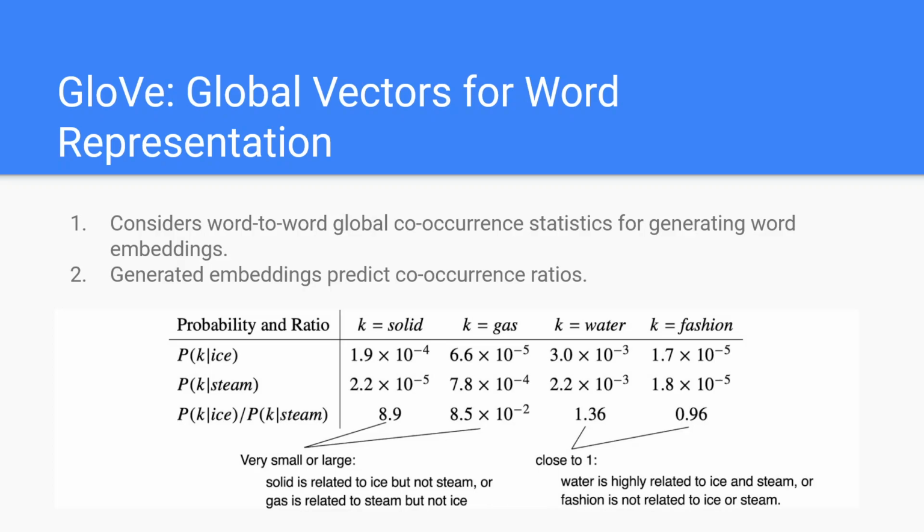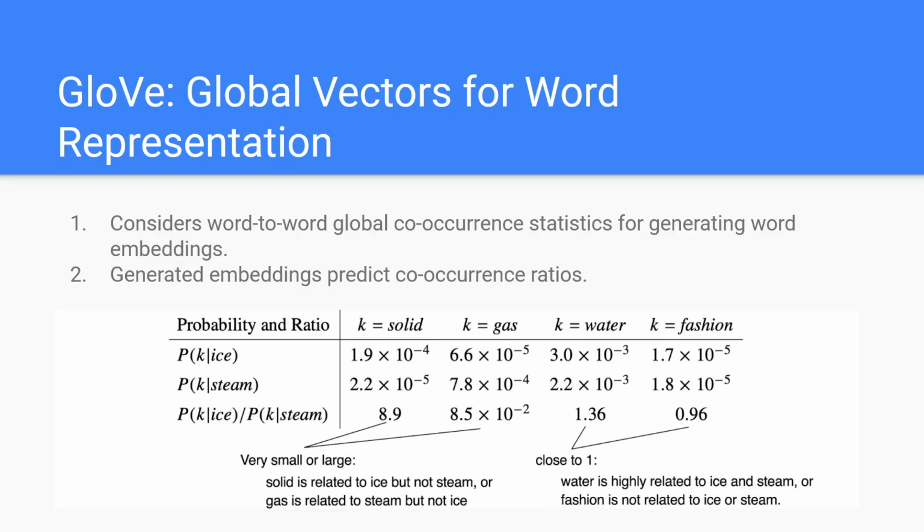So GloVe aims to address those limitations by considering global co-occurrence statistics for word embeddings. GloVe aims to consider local context but also global context by using co-occurrence statistics, like how many times pairs of words appear together in a document.